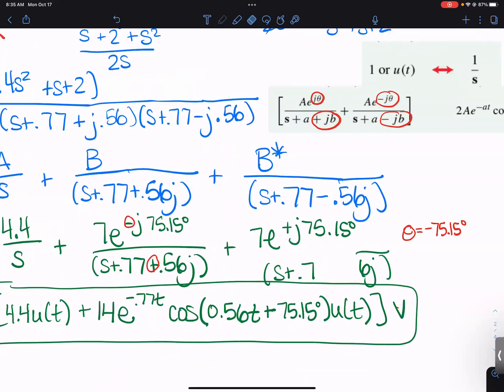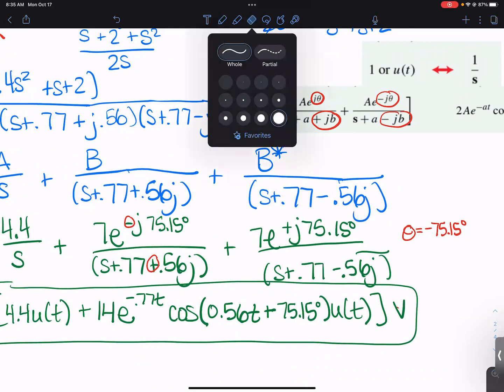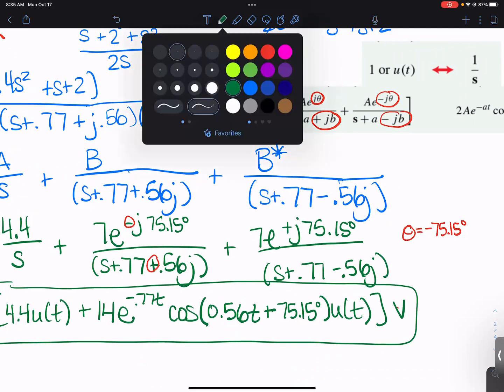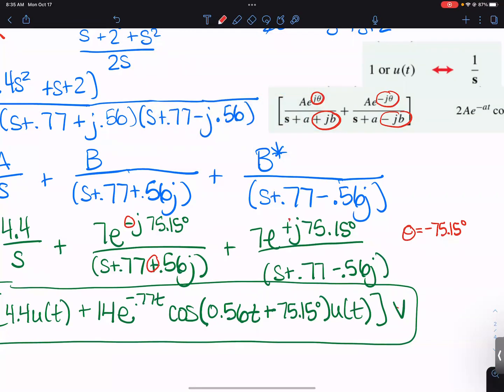Should have been a minus here. So I have a plus and a minus, so these are opposite. So that just means the only way that they could be a positive would be if theta was negative 75.15 degrees.